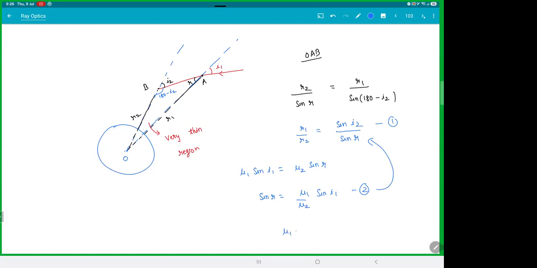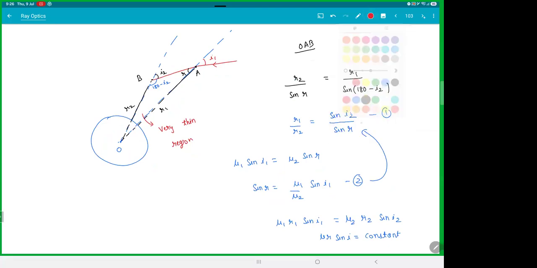You end up with mu1 R1 sine I1 is equal to mu2 R2 sine I2. Therefore, mu r sine i is equal to constant. This thing, I know how to do this, but it never clicks. Take a triangle, take a small region. Since this thing is very small, you can assume approximations. This is how you do it mathematically.